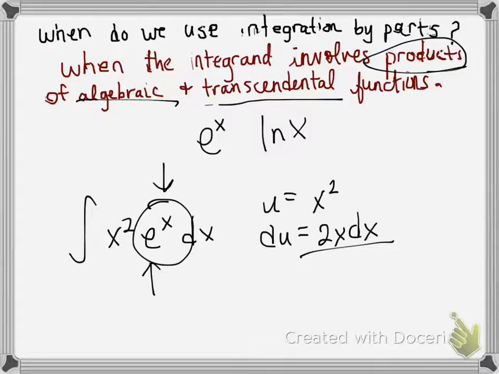And the other way around, if I set u equal to e to the x, then du equals e to the x dx, so again there's no way to make x squared look like e to the x. So there's no way that I can use the substitution method.